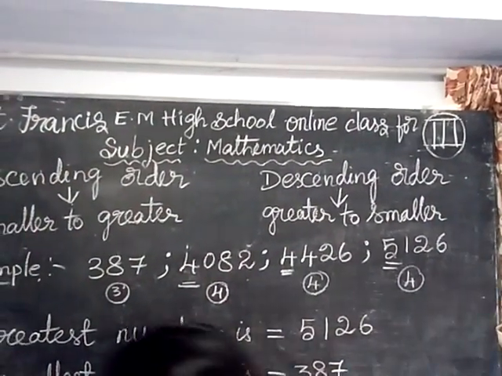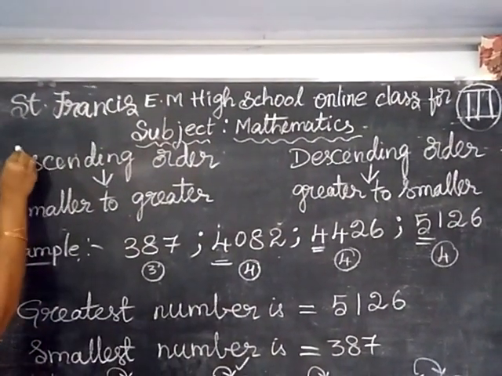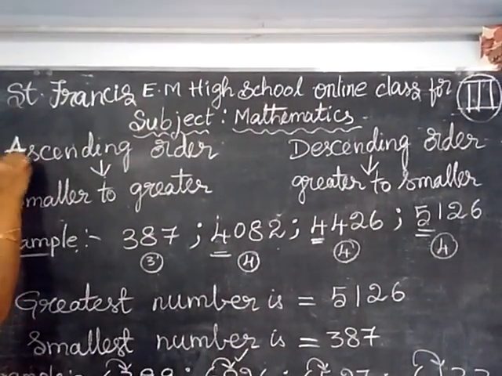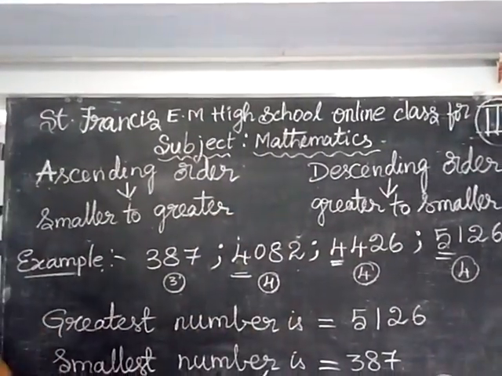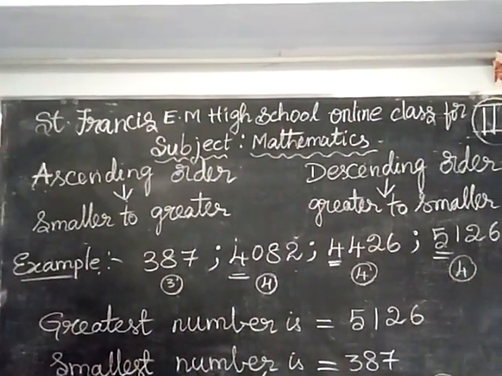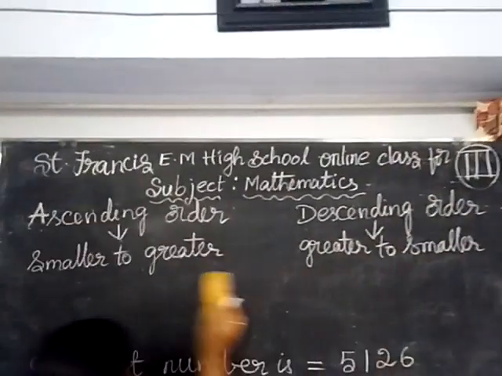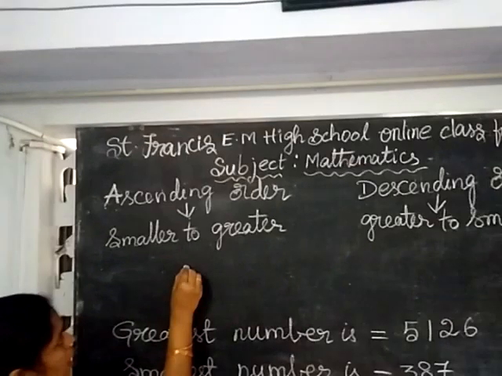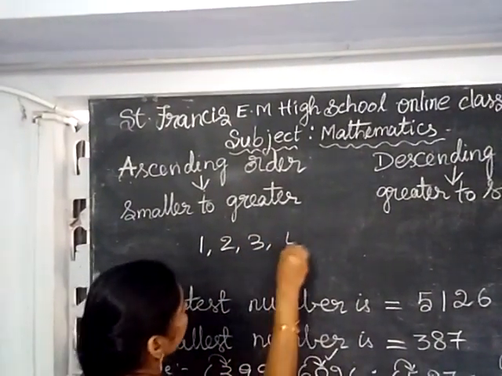There is a small confusion in writing both of these. See, ascending order starts with the letter A and descending order with D. You know that numbers start from 1, 2, 3, 4.